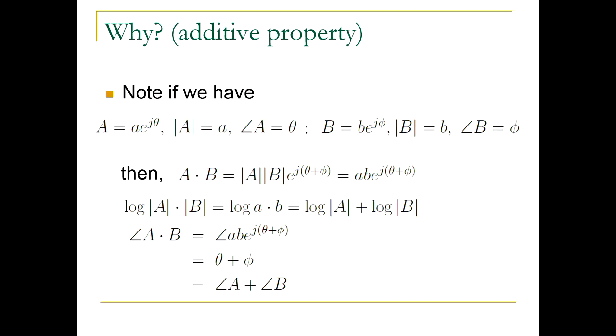And that's a very convenient property that is very, very useful for analysis and design, right? This small analysis of properties of complex numbers really motivates why we look at logarithms in plotting these things. All right.